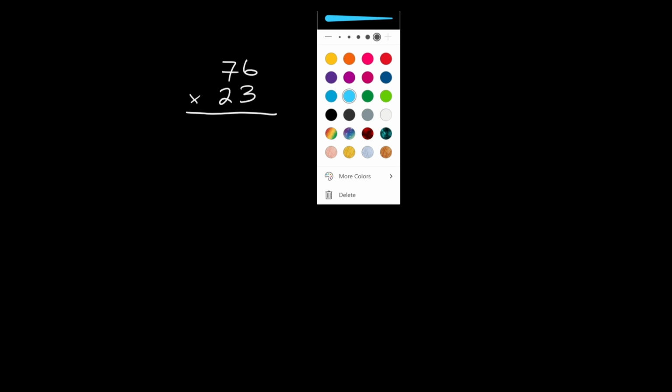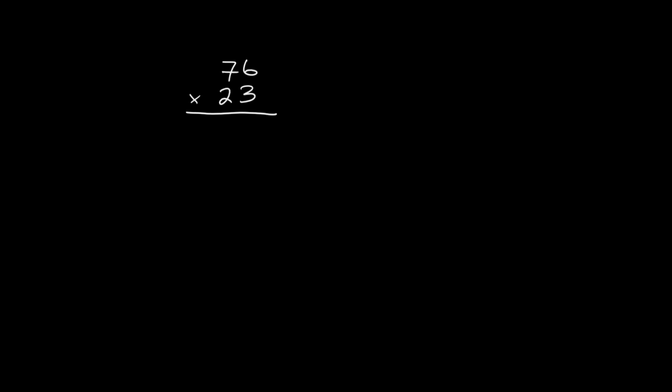And so that would be 3 times 6 and 3 times 7, and then 2 times 6 and 2 times 7. And so 3 6s, 18, so we put down our 8 and carry our 1. And 3 times 7 is 21, plus 1, that's 22.